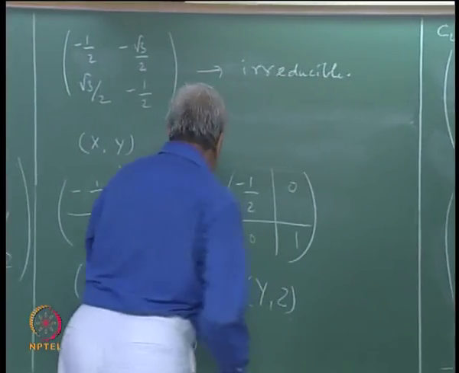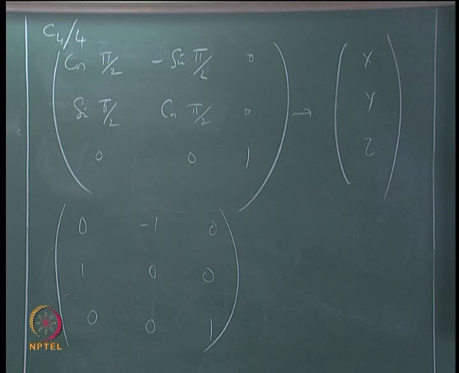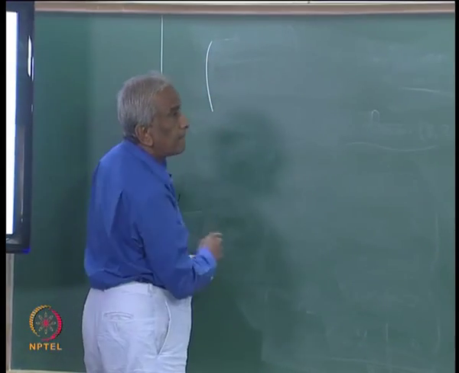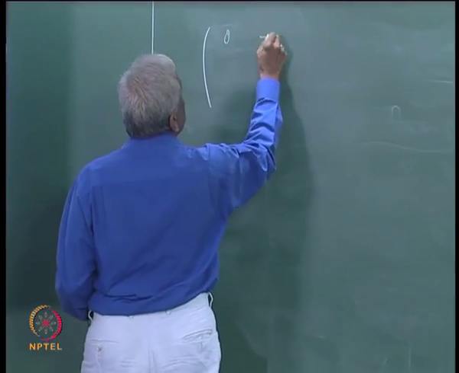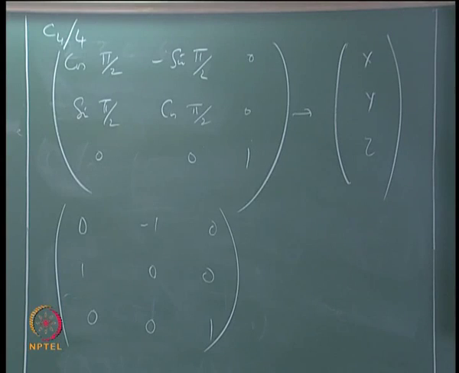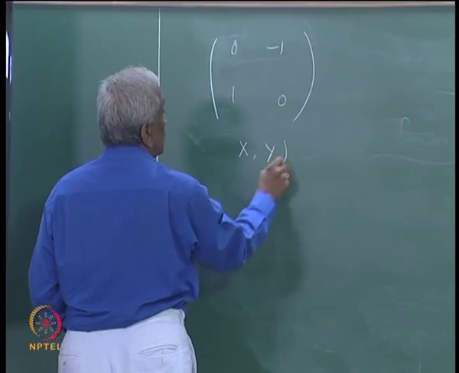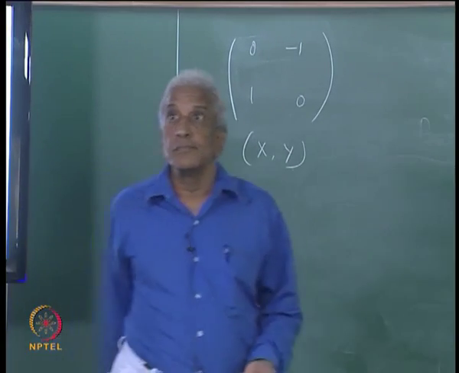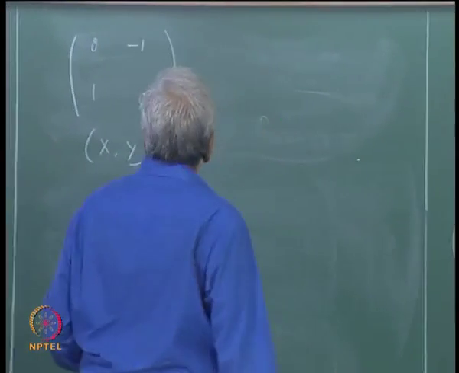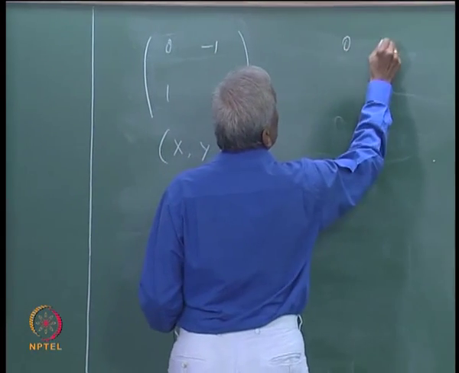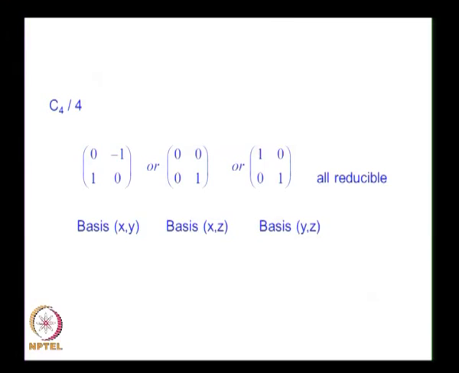So, the corresponding two dimensional representations for the C4 axis will be 0 minus 1 1 0 if we choose x y as the basis, whereas it will be 0 0 0 1 if it is x z.